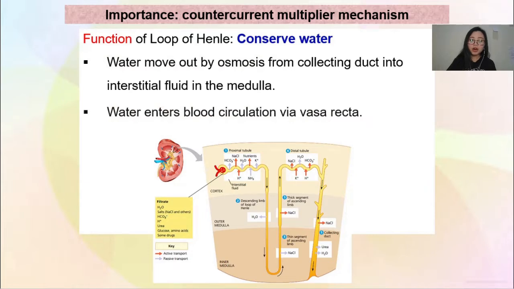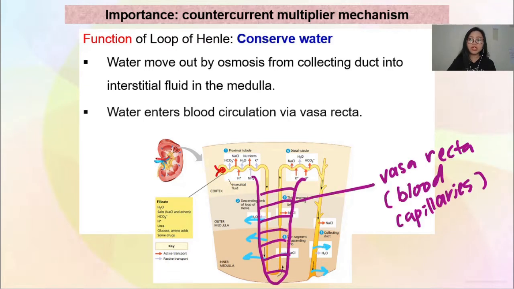Water will move out by osmosis from collecting duct into interstitial fluid in the medulla. So daripada loop of Henle dan daripada collecting duct, air akan keluar dengan cara osmosis. And then water will enter the blood circulation via vasa recta.